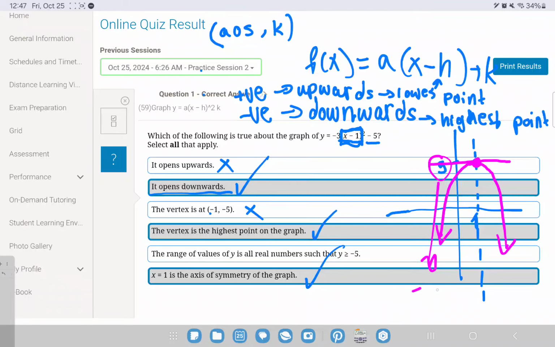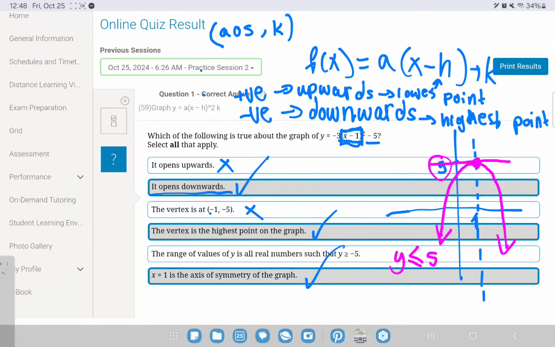Or this is 5, sorry. Usually they don't write it as negative infinity to 5. This is that y is anything less than or equal to 5. Because if this is your maximum, it has to be less than it. It can't be higher than it.